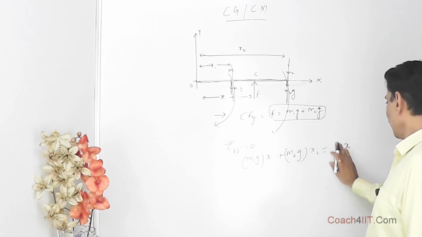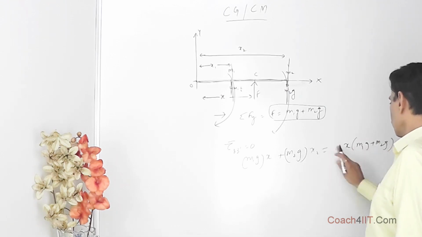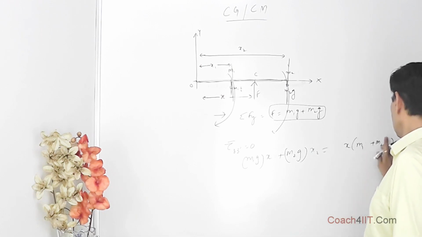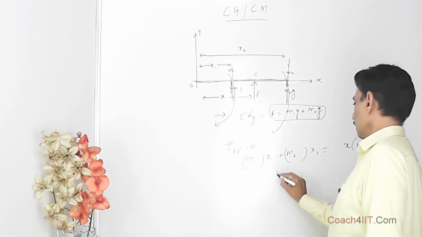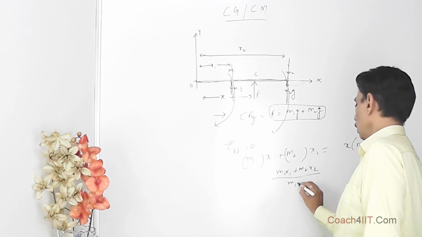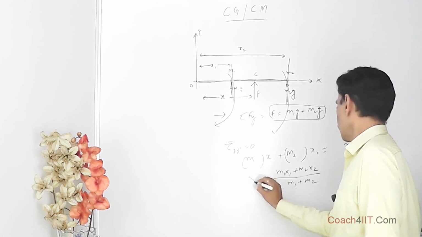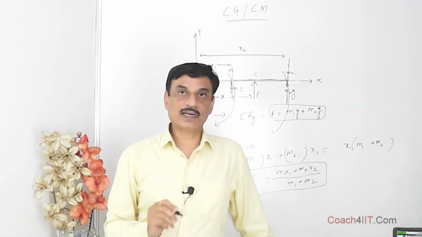So let's put F as m1g plus m2g. We see that g can be taken out common and cancelled. So it comes out to be x equals (m1x1 plus m2x2) over (m1 plus m2). This gives us the coordinates of the center of gravity.